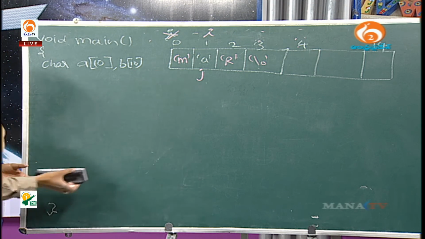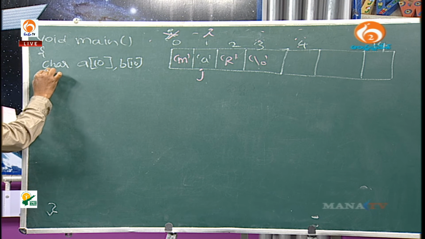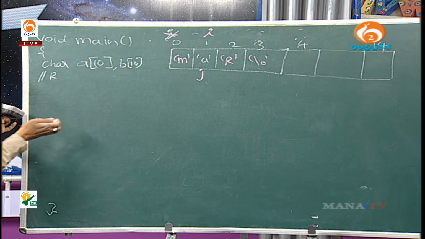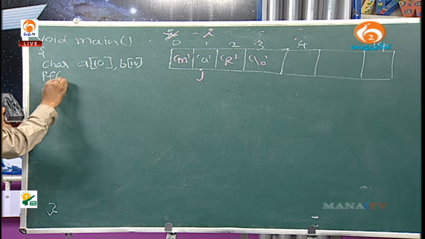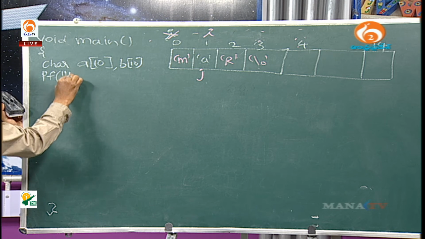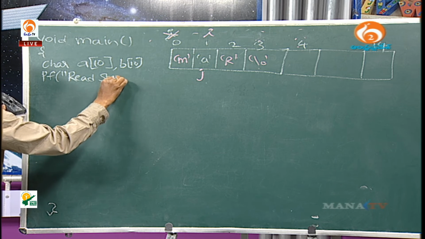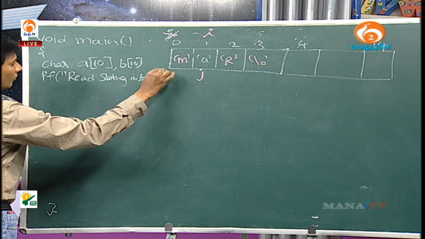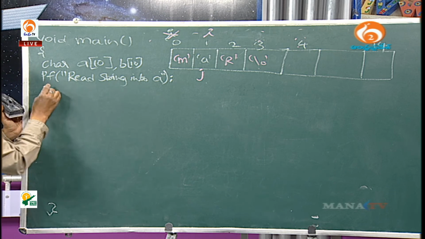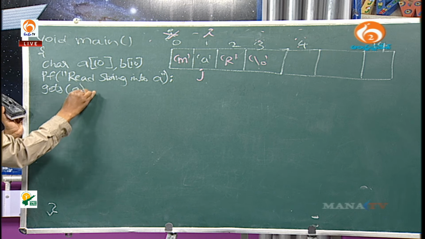Okay. Here I am not writing the read, you know how to read. Printf read string into array a, that is gets of a.